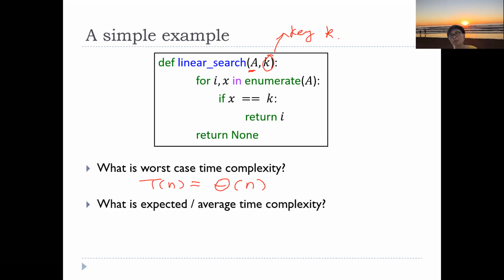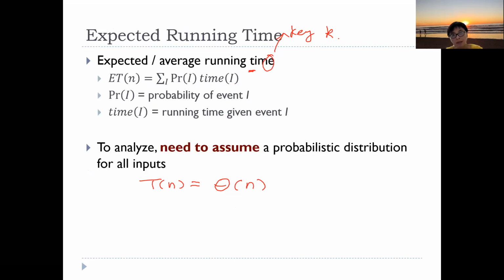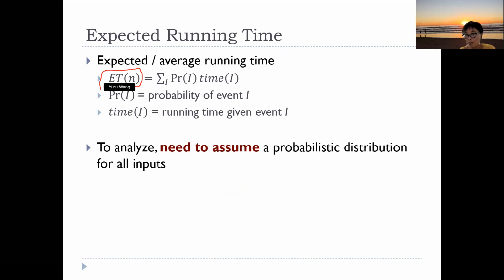Now we have to assume what your input distribution is, because what does it mean to have the average? In general, you can think that the average running time is computed as follows. I'm using this notation to denote either the expected or average running time.